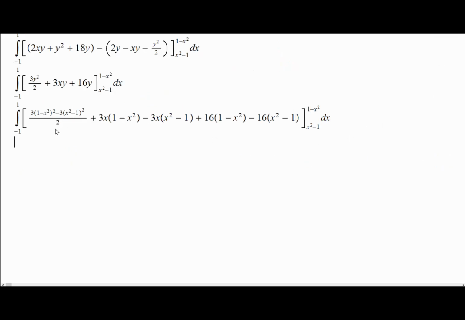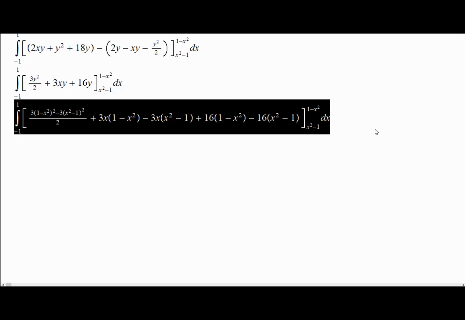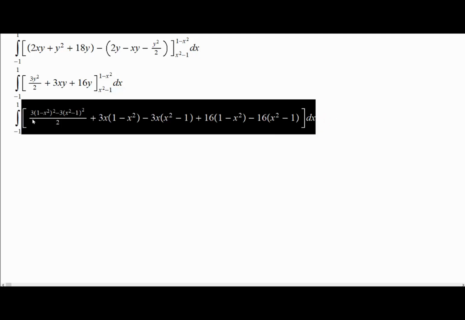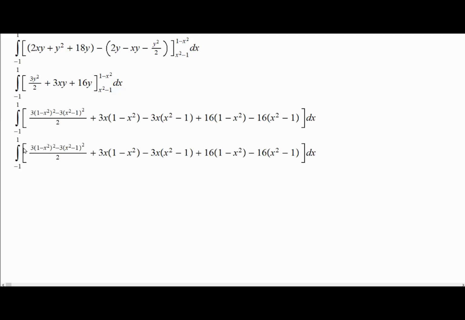When we simplify this, you can see these are squares of the same quantity with different signs, so they will go away.